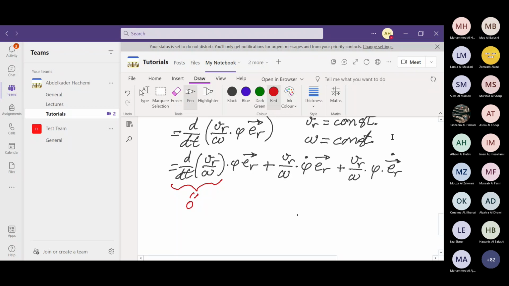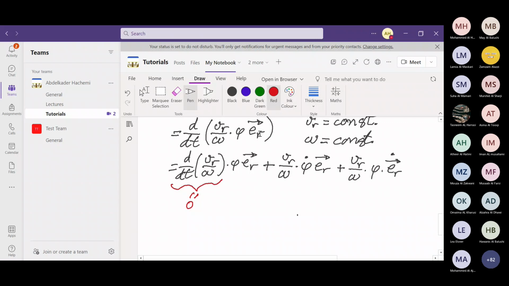Then we have the second term where we derive phi with respect to time. The third term we derive ER with respect to time t.